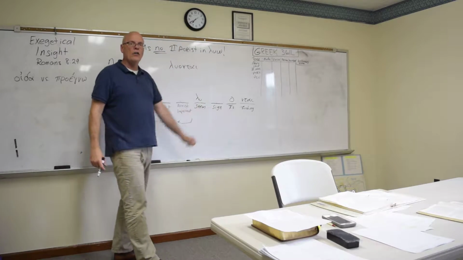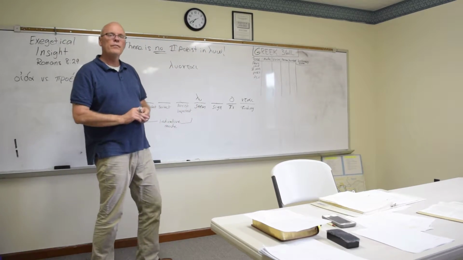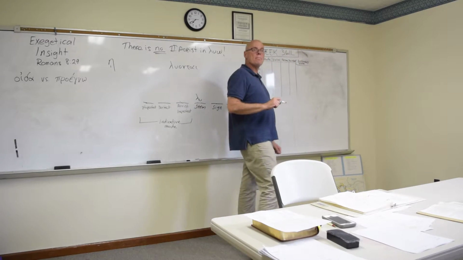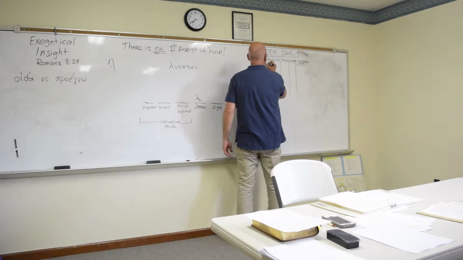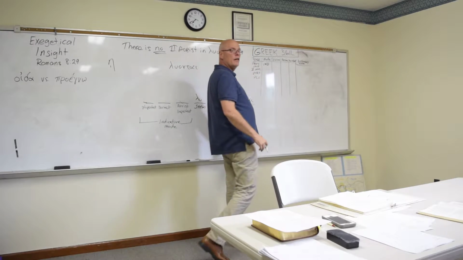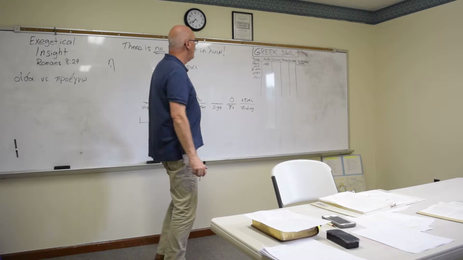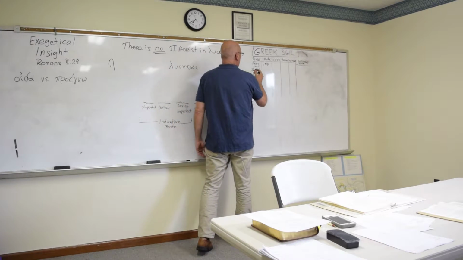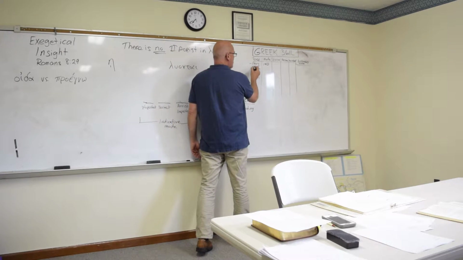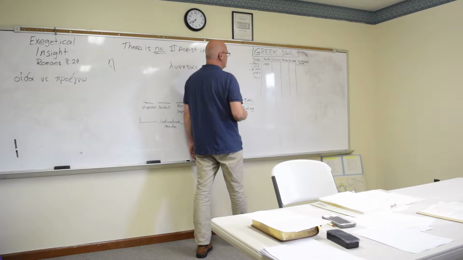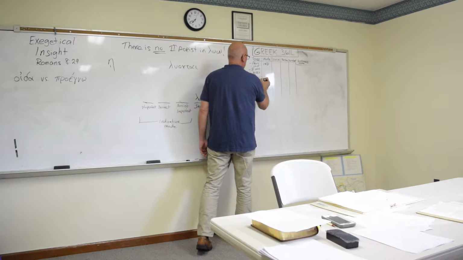Okay, thematic vowel omicron tells me it's indicative mood, that it's limited to present, imperfect, second aorist, and future. Except future's not one of our options. So we can eliminate those.